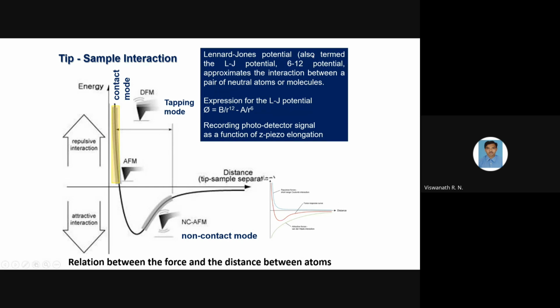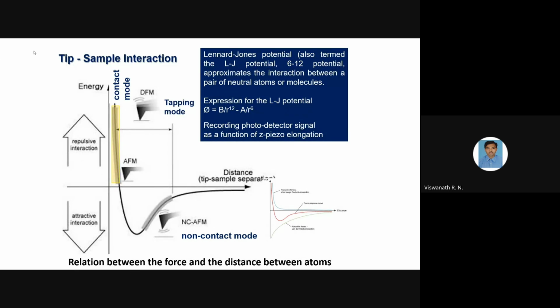The LJ potential, also termed the 6-12 potential, approximates the interaction between a pair of neutral atoms or molecules. This is the general theory. Any two atoms coming closer interact. In our case, one object is at the tip and one is at the sample.